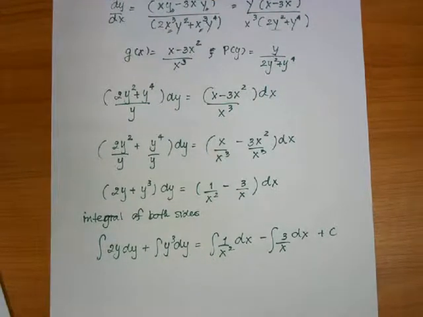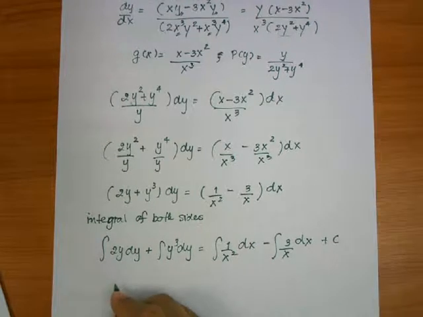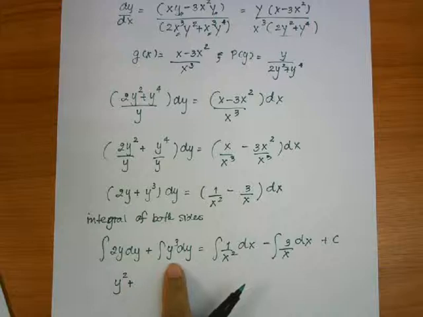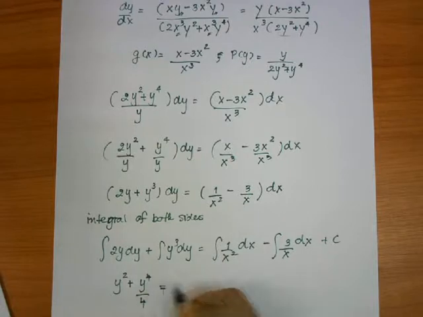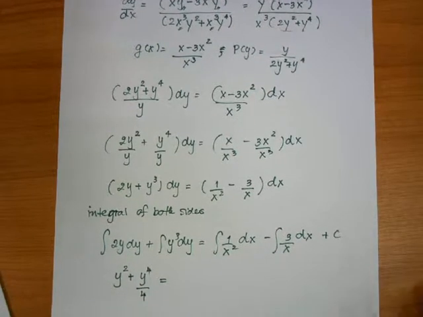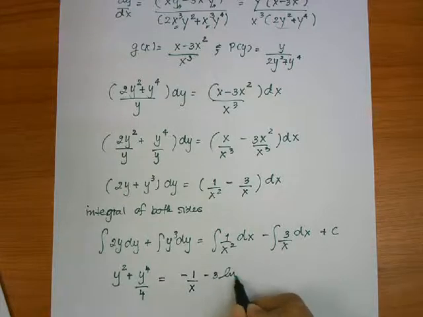So integral 2y dy is equal to y squared. Integral y to the power 3 dy is equal to y to the power 4 by 4. Integral 1 over x squared dx is equal to minus 1 over x. Integral 1 over x dx is equal to ln x.